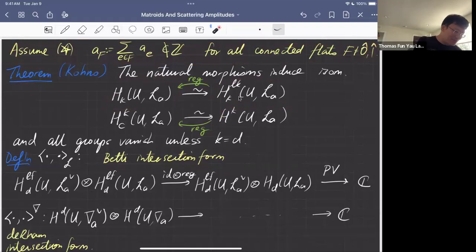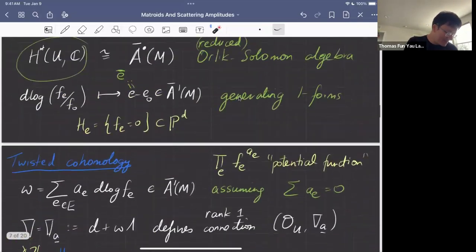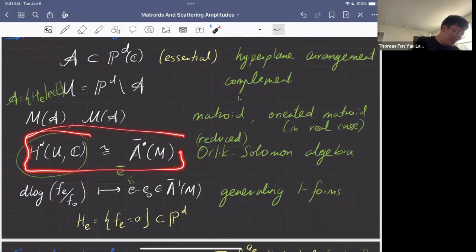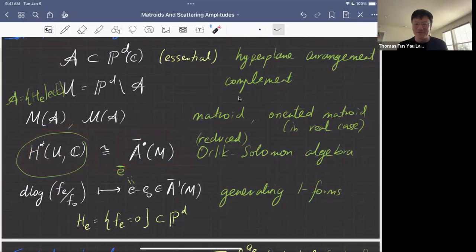I just want to say that if you don't have this assumption, for example, if you chose all the A's to be 0, you're back to usual cohomology, and the result is definitely not true here. If all the A's are 0, then you're thinking about this cohomology group, and this thing definitely has a lot of interesting cohomology groups. It's not concentrated in one degree.